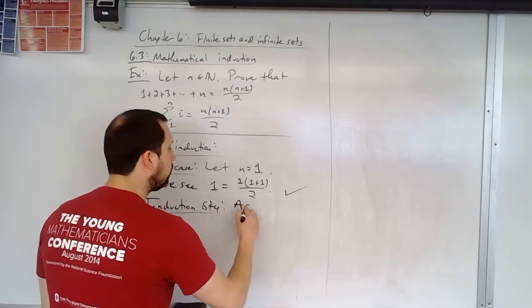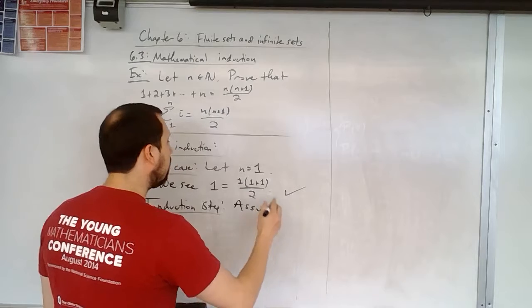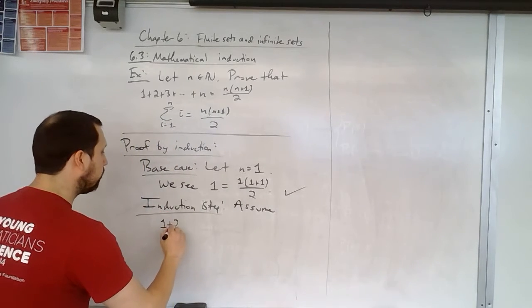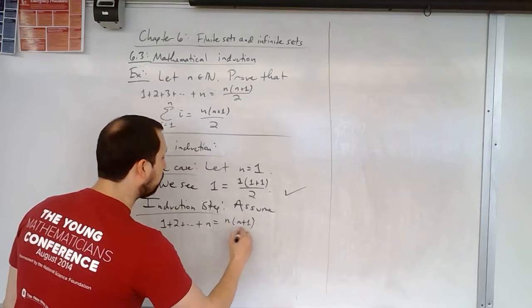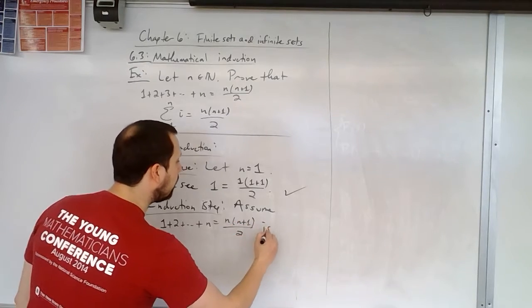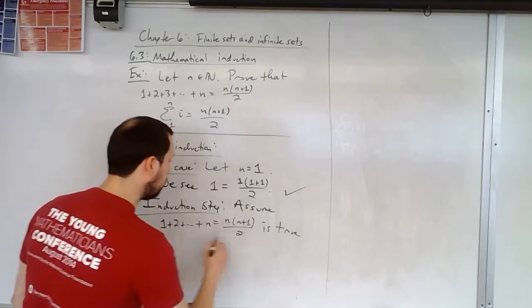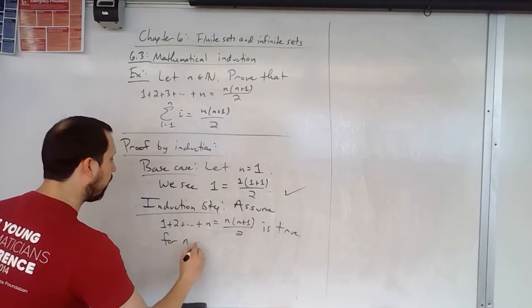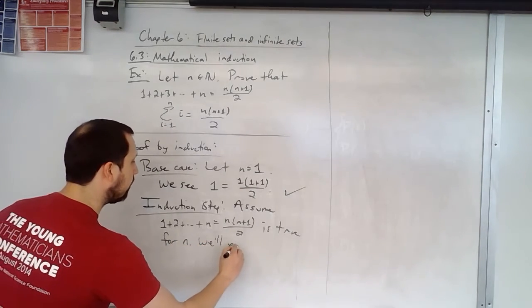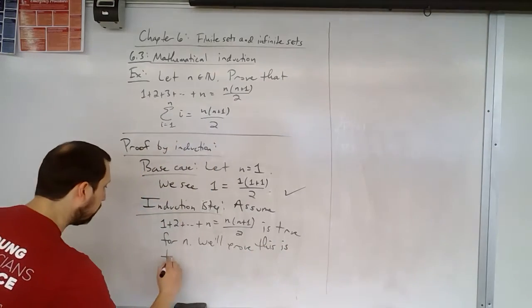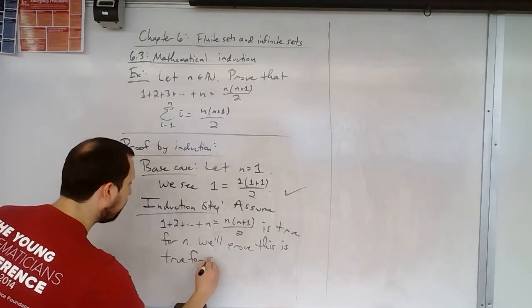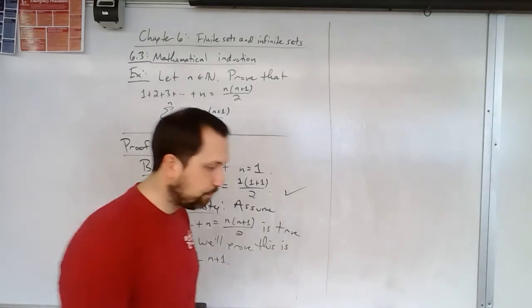So we will assume that 1 plus 2 plus up to n is equal to n times n plus 1 divided by 2 is true for n. Then we'll prove this is true for n plus 1.